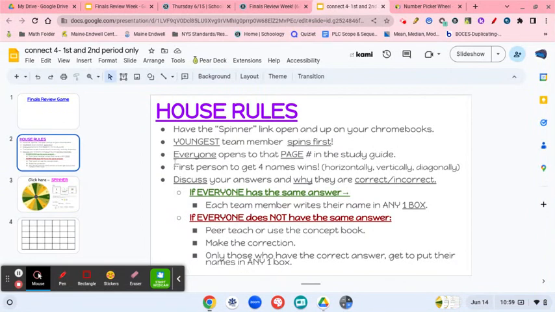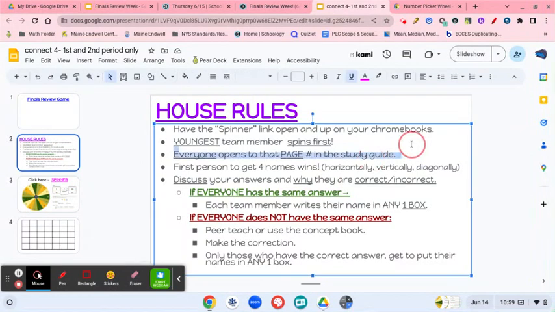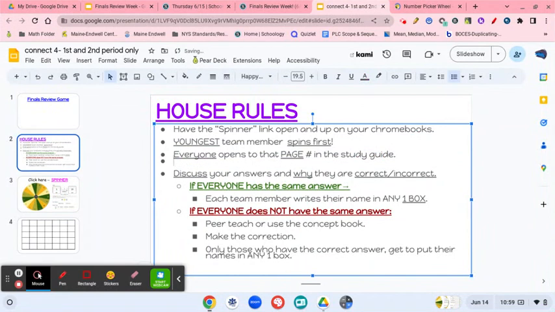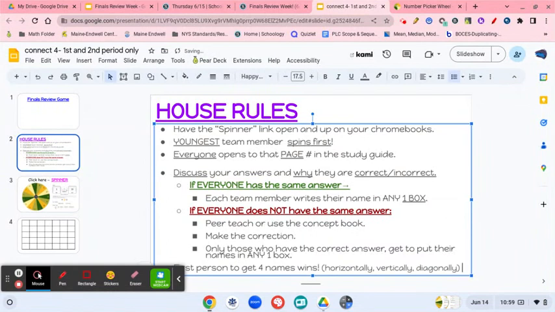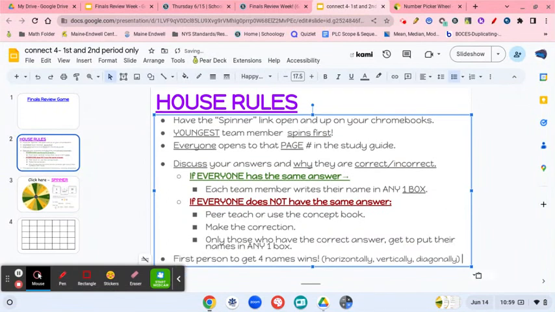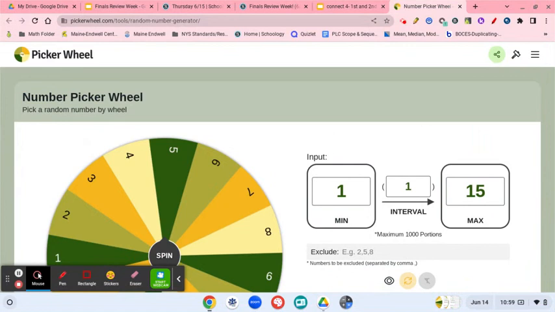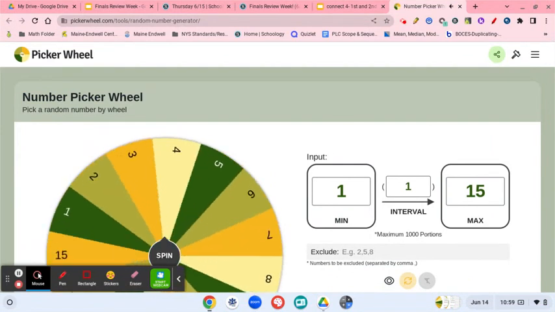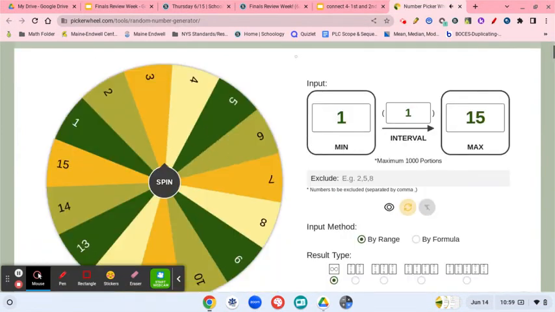I got to move this because I don't know why that's there. We need to pull that out, but that should be down at the very bottom. There we go. So the youngest person on the team is going to spin first, right? Once we spin it, you go to that page number.